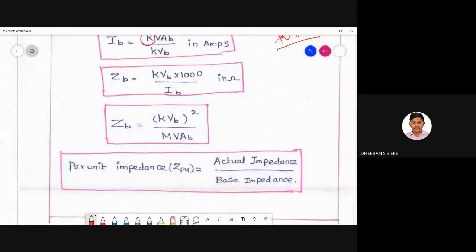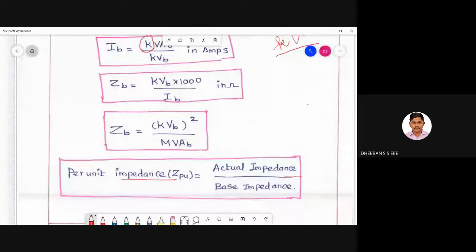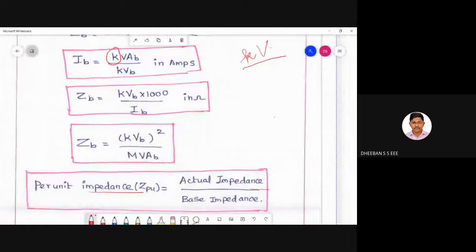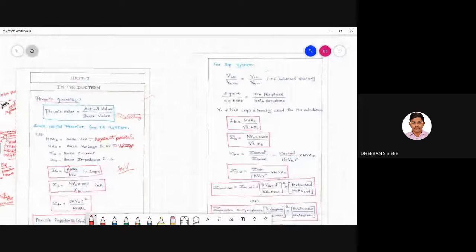If you want to represent the per unit impedance, it is the actual impedance by the base impedance. I hope you have got some clarity on the per unit system.